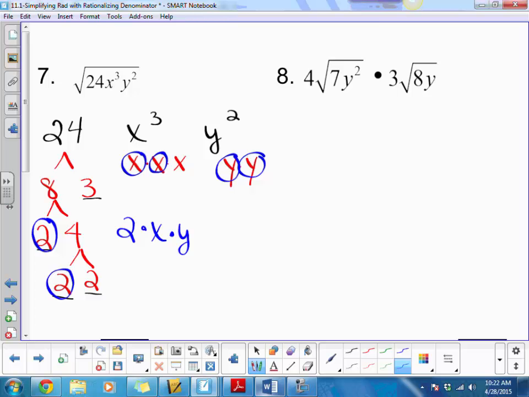I do not have a match for the 3, the 2, or the x. So they're going to go underneath the radical. 3 times 2 is 6, times x is 6x. Simplifying, I have 2xy times the square root of 6x.